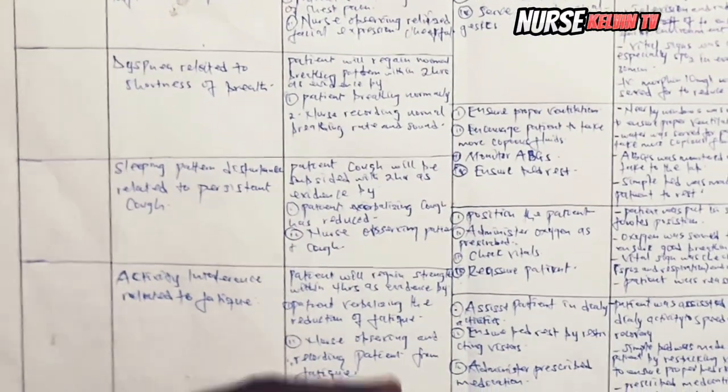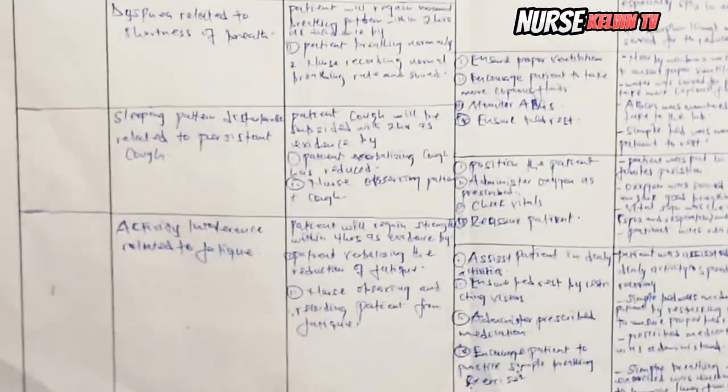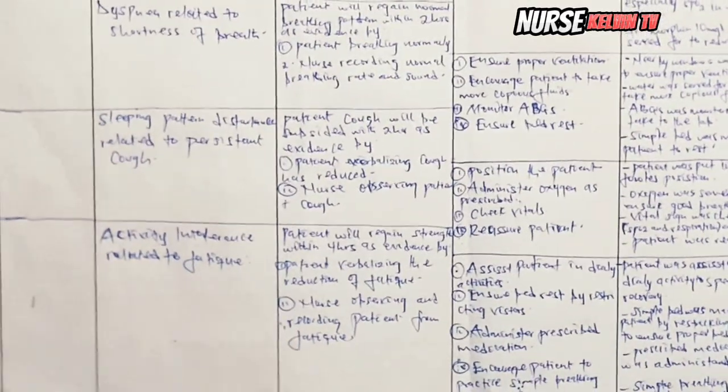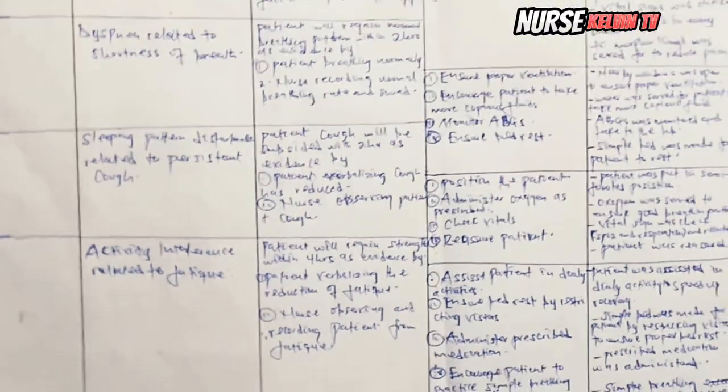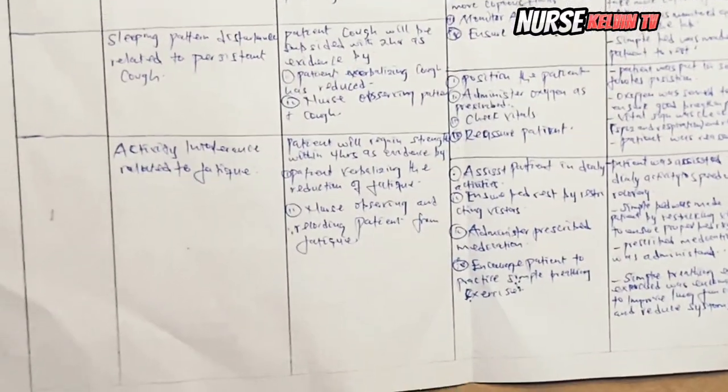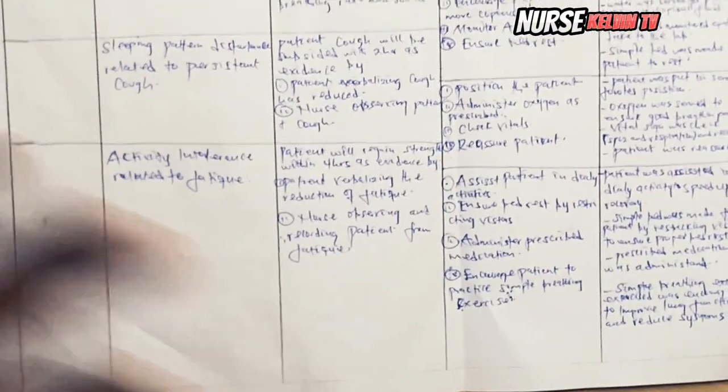The last one is activity intolerance related to fatigue. The patient will regain strength within 4 hours, as evidenced by the patient verbalizing the reduction in fatigue.